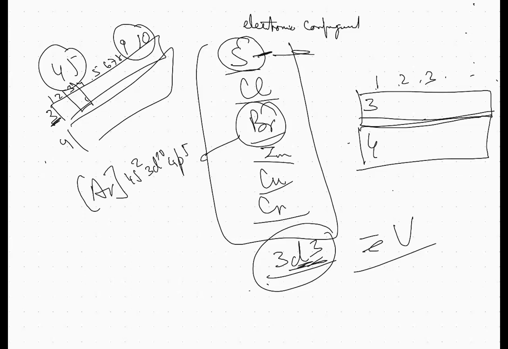So for sulfur, I can write not the abbreviated one: 1s2, 2s2, 2p6, 3s2, 3p4. Okay, but if I'm asked to write the abbreviated form, then I put neon here and then write the rest, because that's the noble gas that is there before it starts for sulfur. Okay.